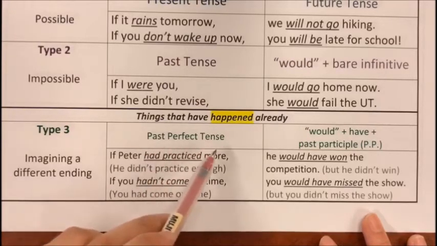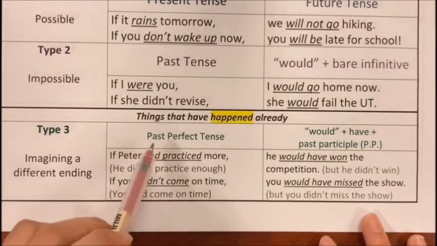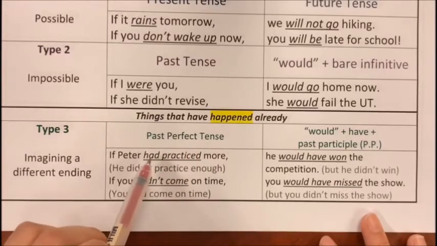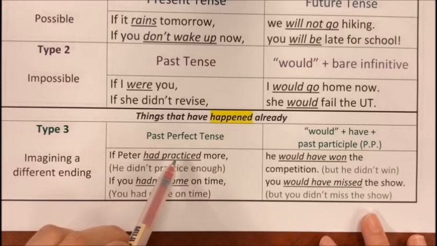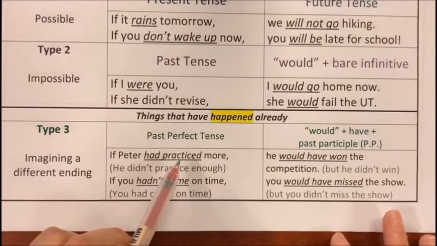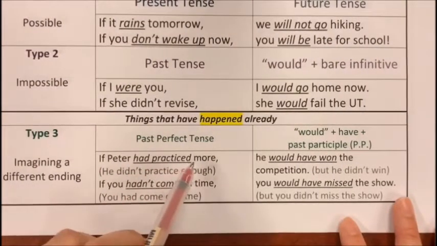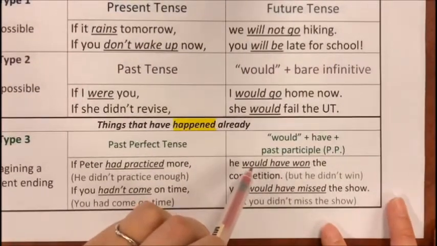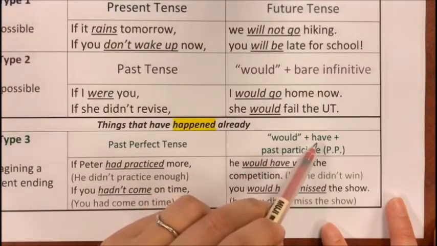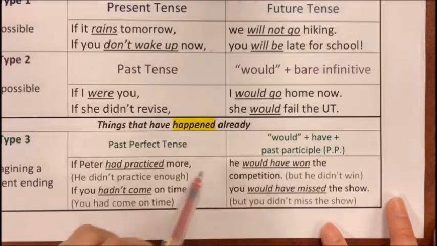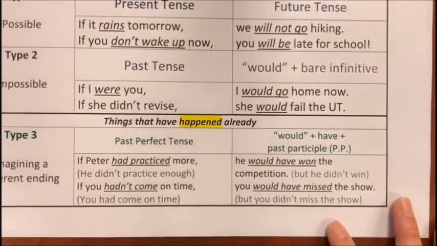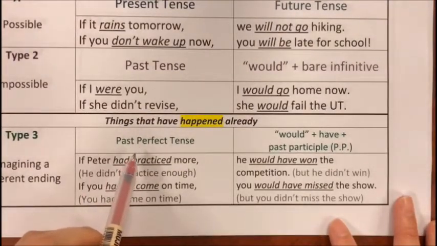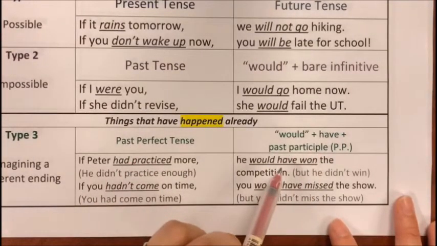Remember, very specific, not present perfect, past perfect. We use had plus PP, past participle. So in the main clause, we'll use would, and then have, and then PP. It's very fixed, the tense, okay? Don't use the wrong tense in type 3. It must be past perfect tense and would have PP.